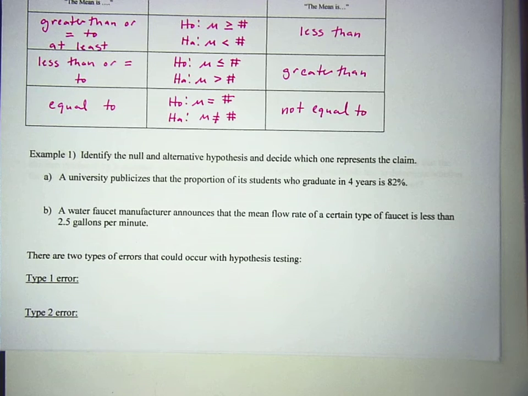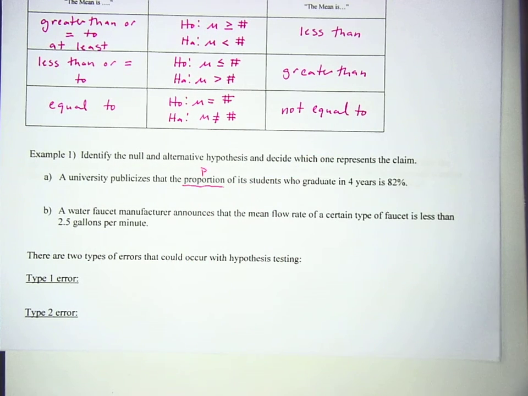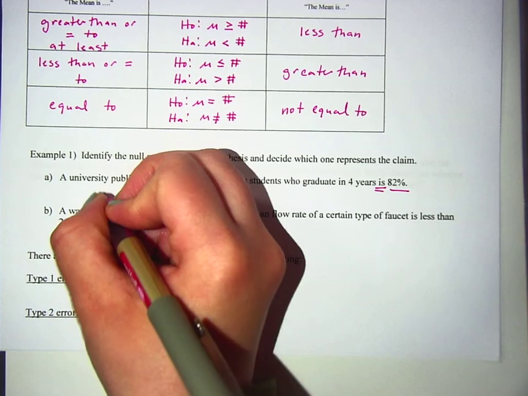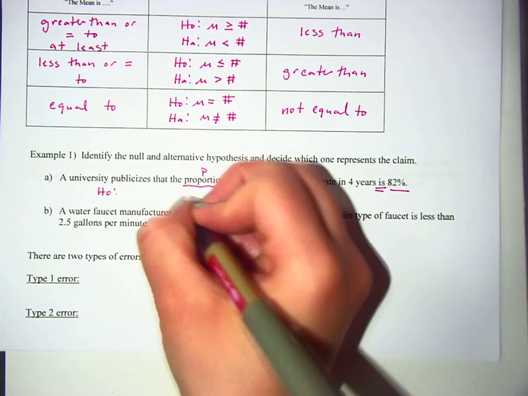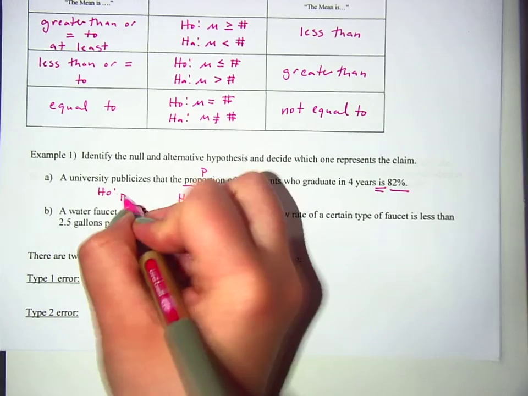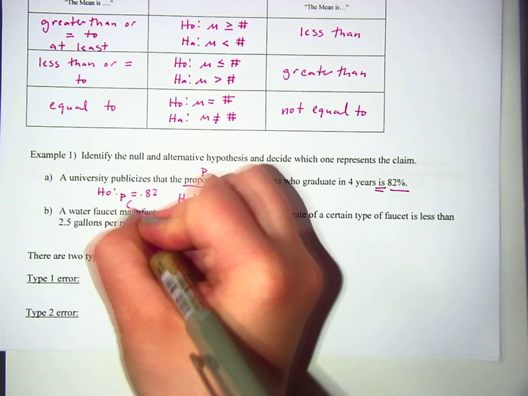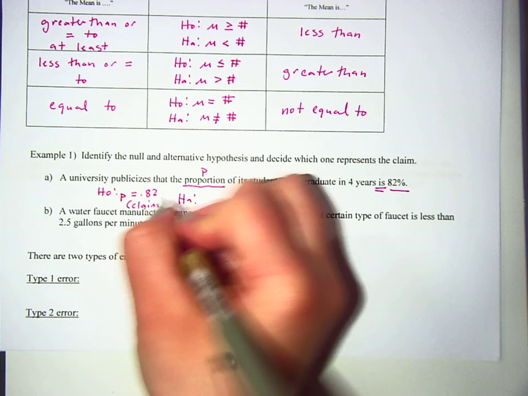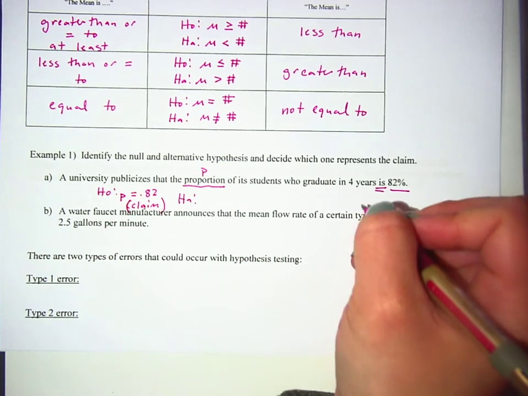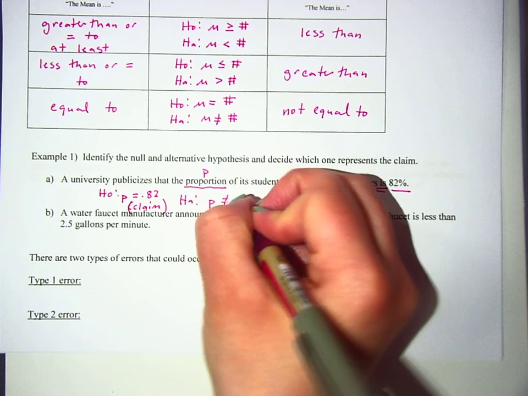All right, so the university publicizes that the proportion, P, of its students who graduate in 4 years is 82%. So H sub O, H sub A. My H sub O is that my proportion is equal to 0.82, and that right there is the claim. That's what they're claiming. So to prove them wrong, we could just find out that P is not equal to 0.82.